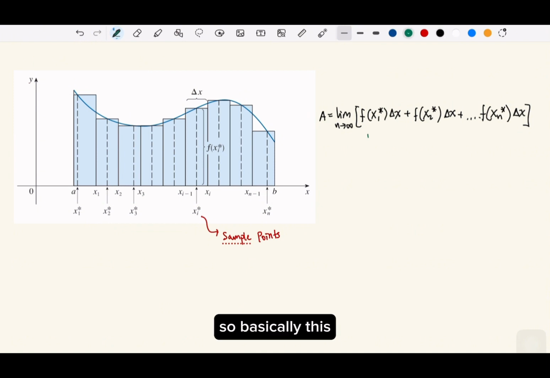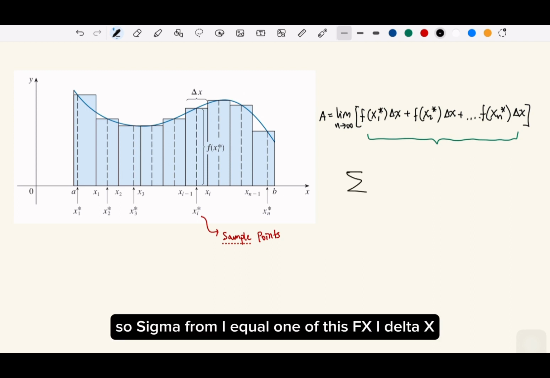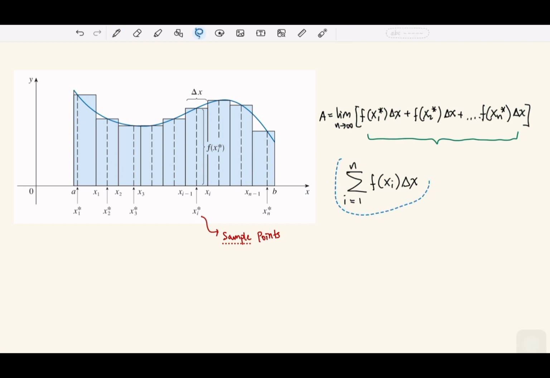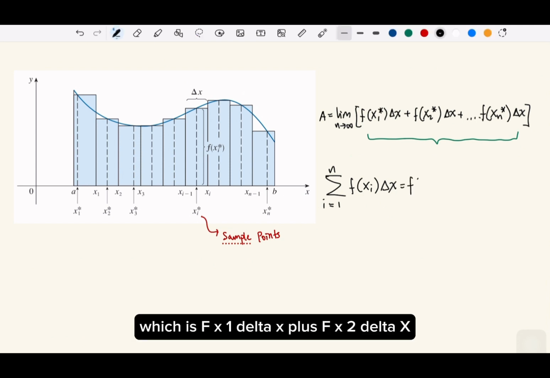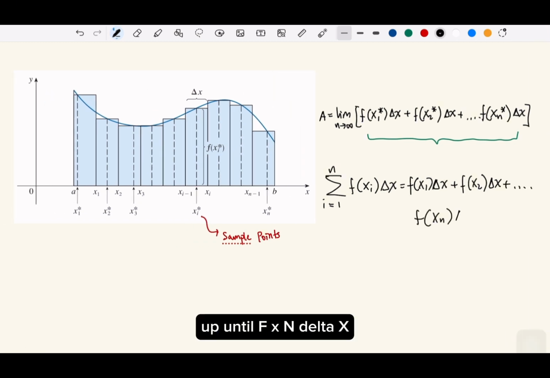So basically, these additions will get into what we call the summation, or using the sigma notation. So let me write here: sigma from i equals 1 of this f xi star delta x. This basically states that the whole thing inside here is f x1 delta x plus f x2 delta x up until f xn delta x.